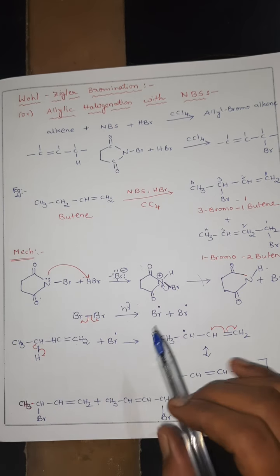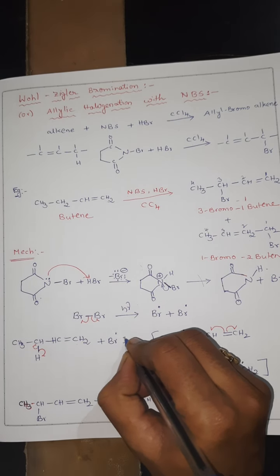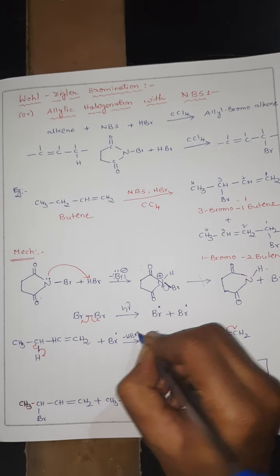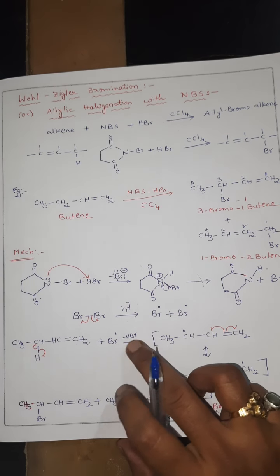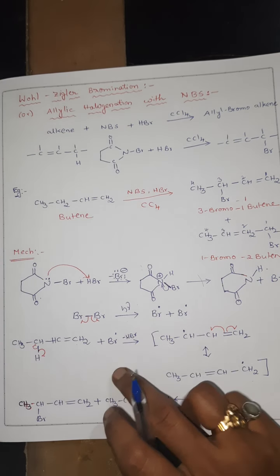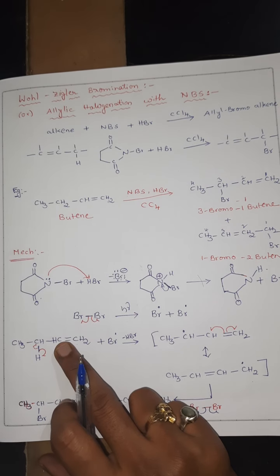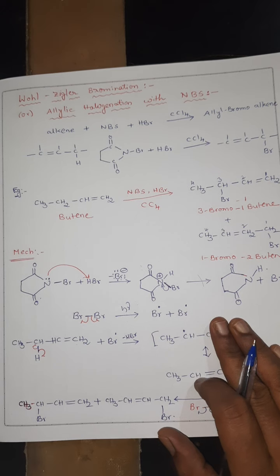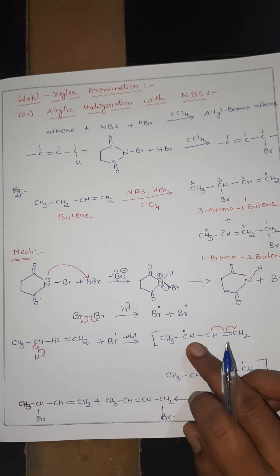As a result, hydrogen bromide is formed again, and the alkene is converted into a free radical. Especially this is an allyl free radical.